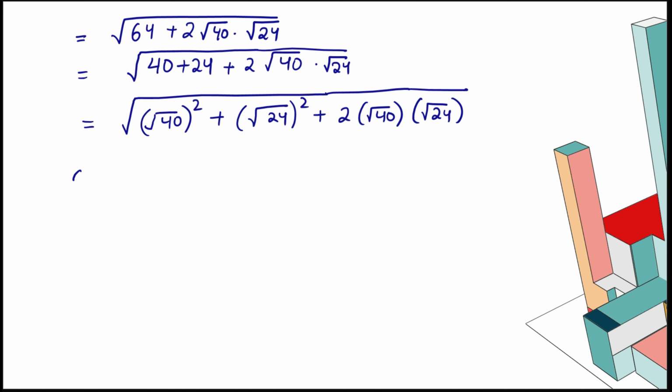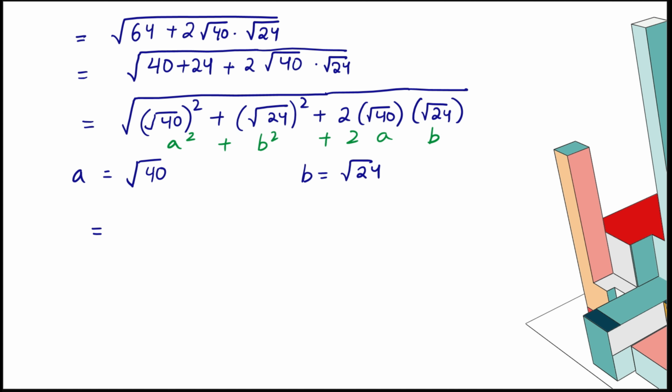So a is what? Square root of 40, and b is square root of 24. You can look at the formula here, a squared plus b squared plus 2ab. That means a is square root of 40, b means square root of 24.